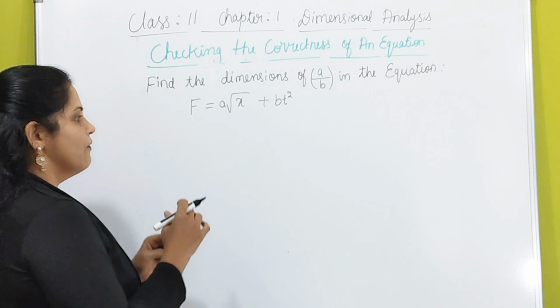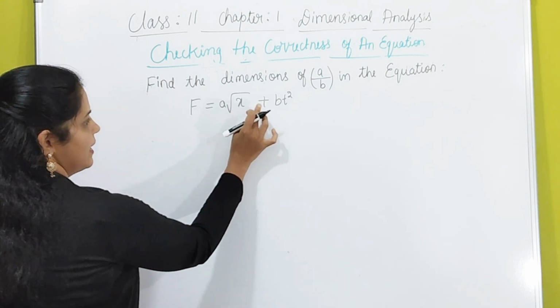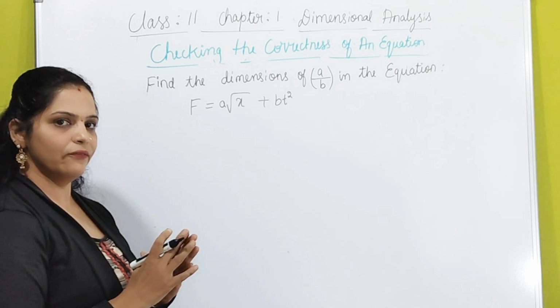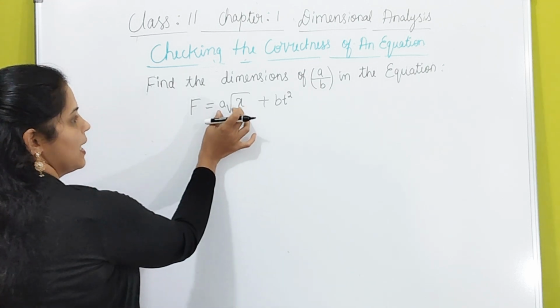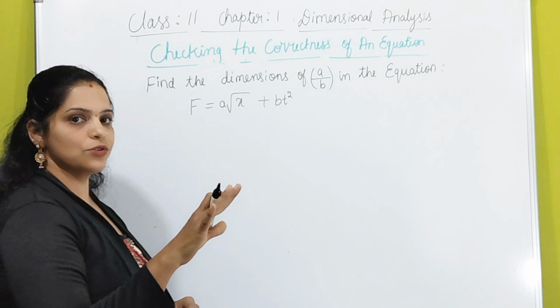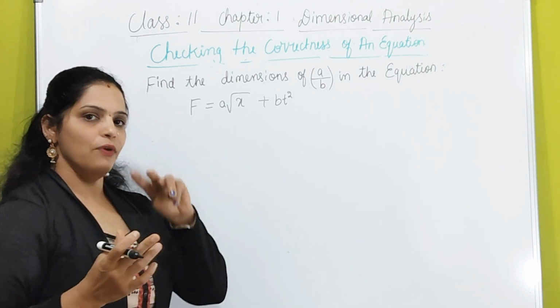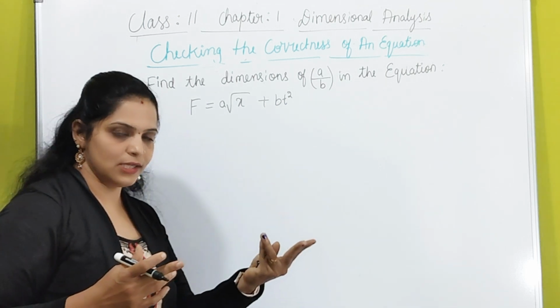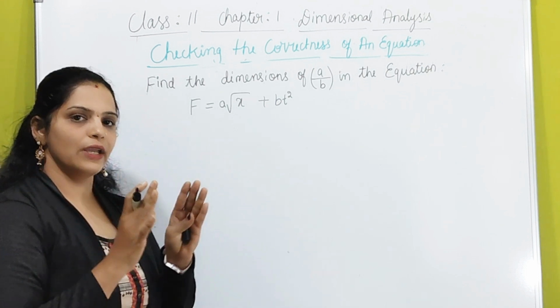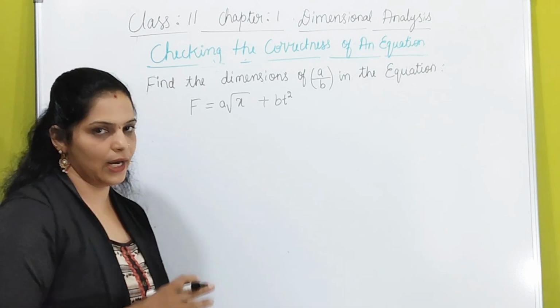That means if there is an addition or subtraction, then we are adding the same physical quantities. We cannot add force to velocity. Velocity can be added to velocity, or force should be added to force, right? So we cannot add different physical quantities.